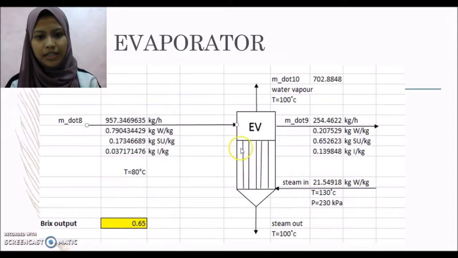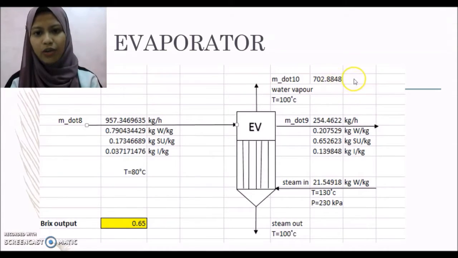For the evaporator, the input is the output from the second heater. In the second heater, we heat the solution to a temperature of 80 degrees Celsius, and then the output is water vapor, 702.88 kg of water at a temperature of 100 degrees Celsius.